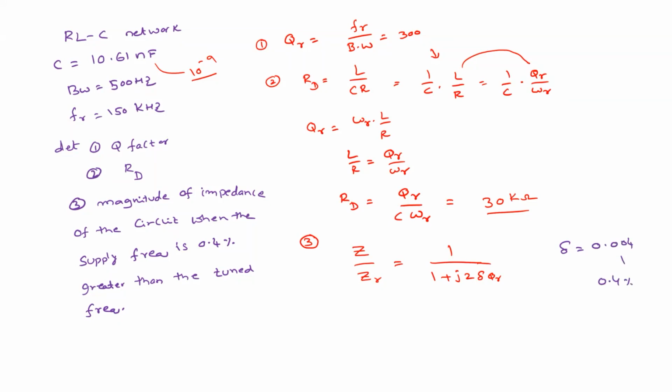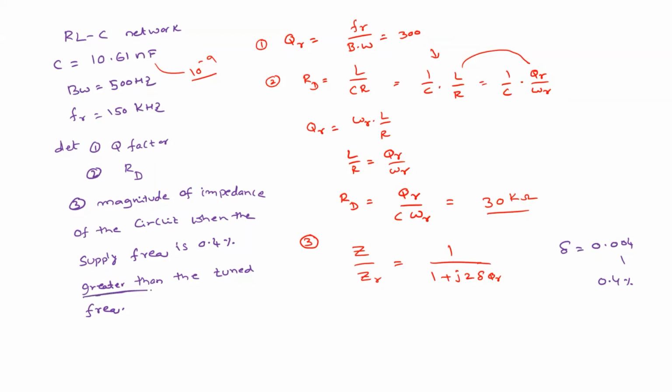Okay. So substitute all the values and tell me the value of Z. Sir, here you said it will be minus. Why minus? It is above the resonant frequency, right? No, see here, don't confuse again.